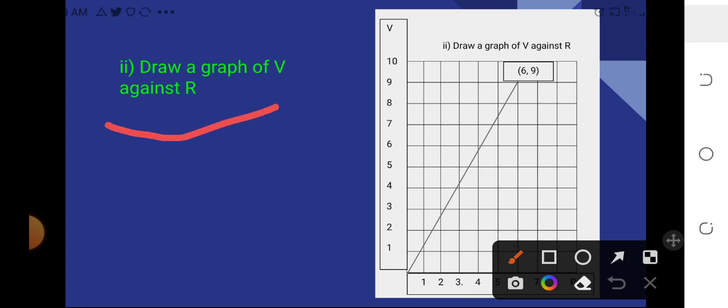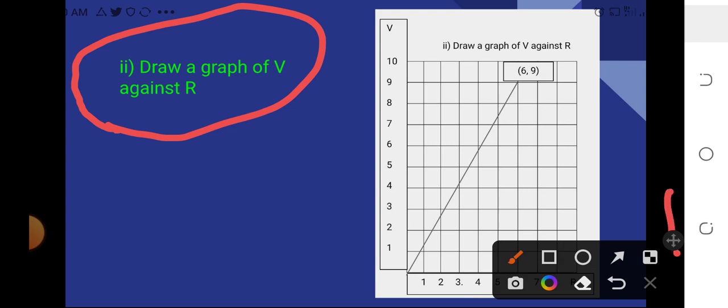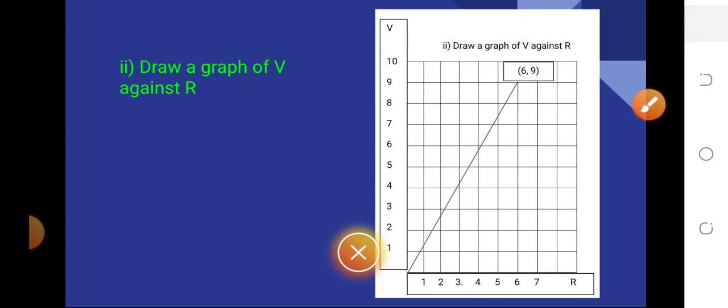In this part they are asking us to draw a graph of V against R. For this purpose we have made a graph, and you can see in this graph we have taken the values of R on the x-axis, which are 1, 2, 3, 4, 5 and 6.